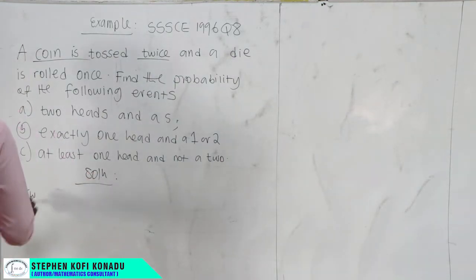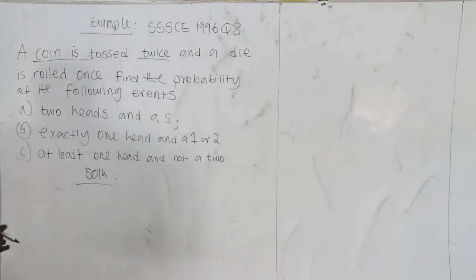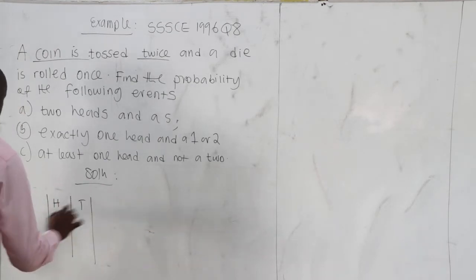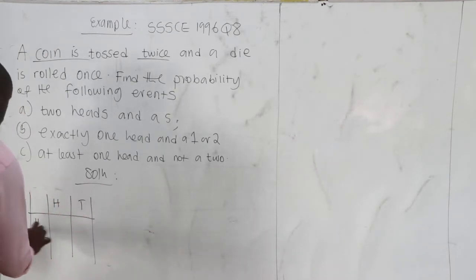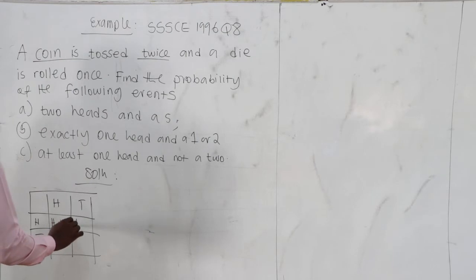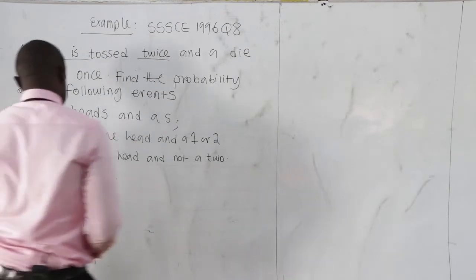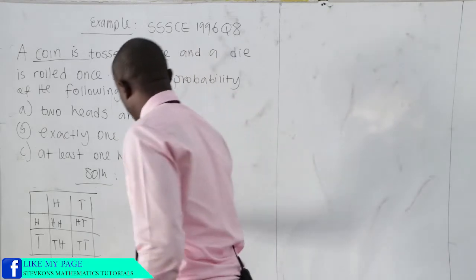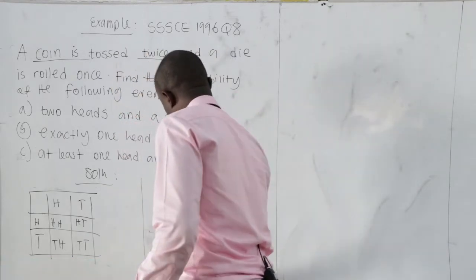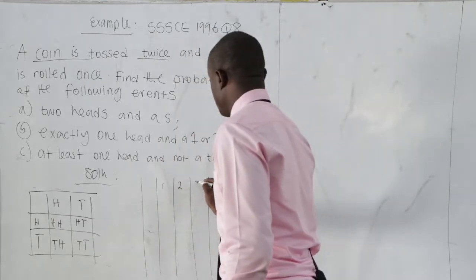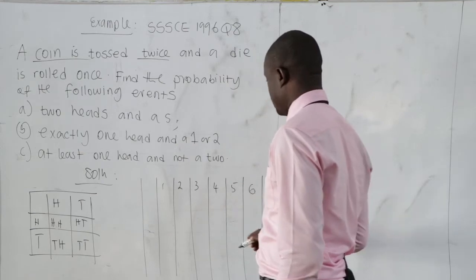For a coin tossed twice, you get head, tail, so the sample space will be head-head, head-tail, tail-head, tail-tail. Now for the die rolled once, we have 1, 2, 3, 4, 5, 6.